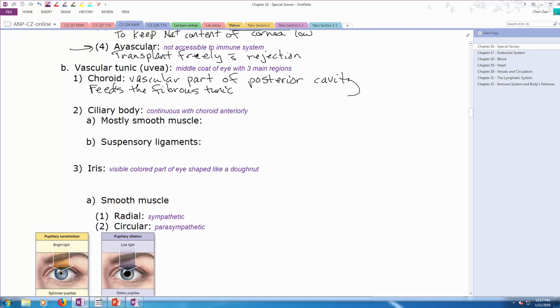There is a lot of dark brown pigment in our choroid, and this is important because it's designed to prevent light scatter.